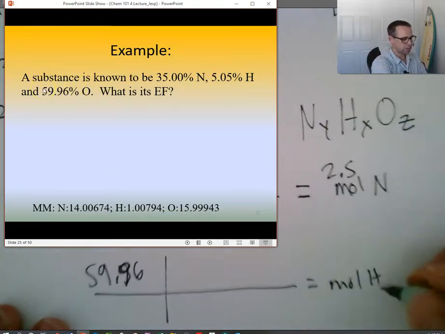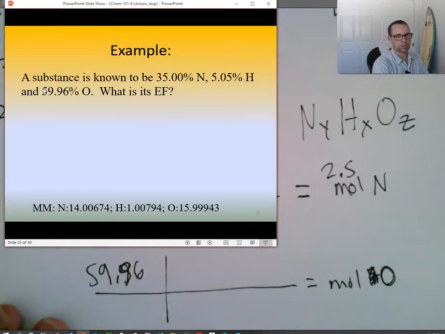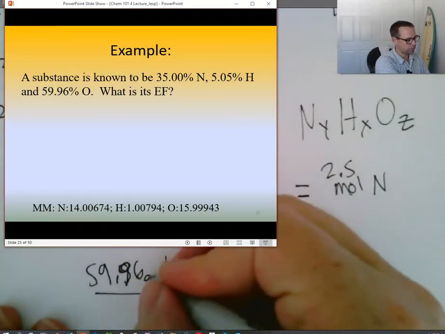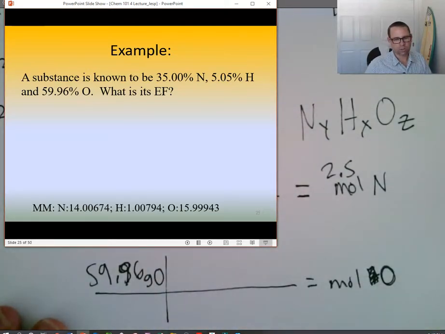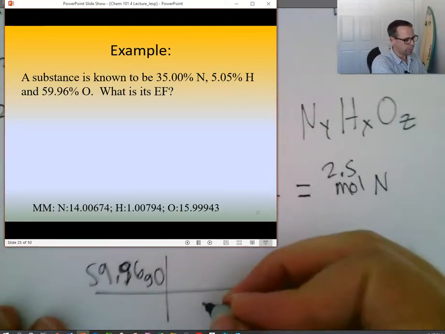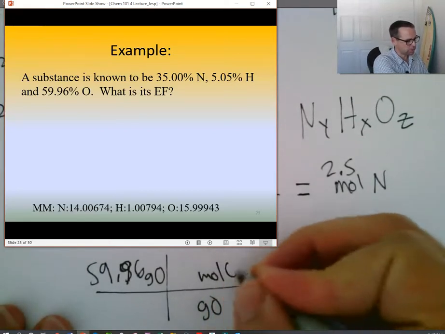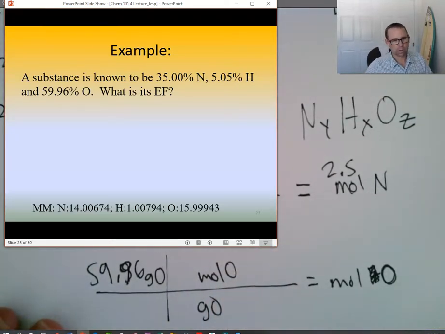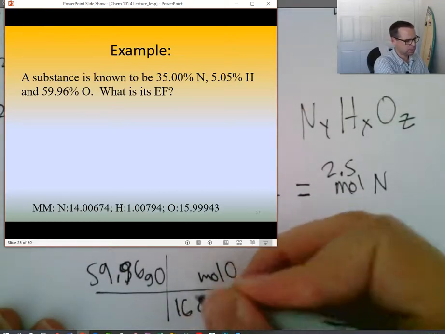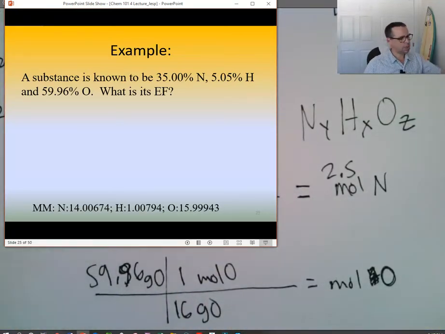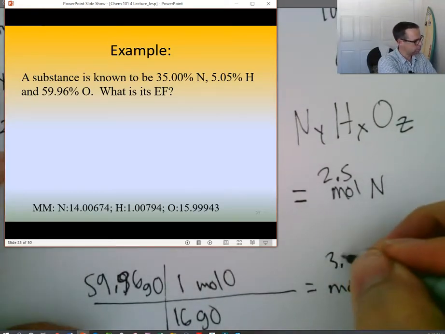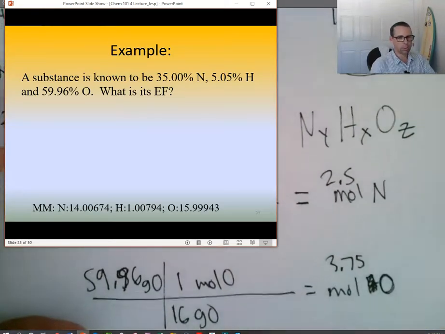I'm sorry, I'm looking at the wrong one. That's all right, we'll go oxygen first. So we go from grams of oxygen to moles of oxygen. Looking below, we see it's 16 grams for every 1 mole. 59.96 divided by 16 is 3.75 moles of oxygen.